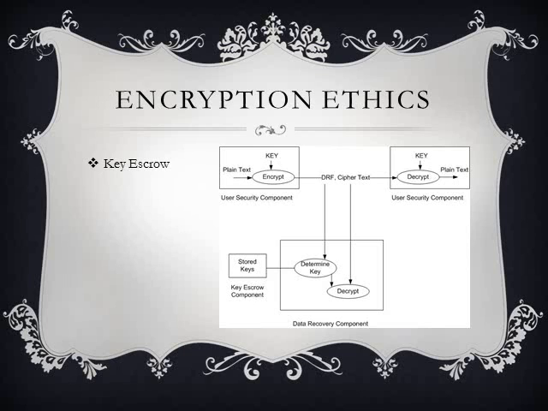Interestingly enough, in 2000, the UK passed a controversial regulation, the Regulation of Investigatory Powers Act, which required users to reveal their encryption keys. So we may see that happening in the US at some time in the future due to all of the different lawsuits that have come about from encryption and hacking.